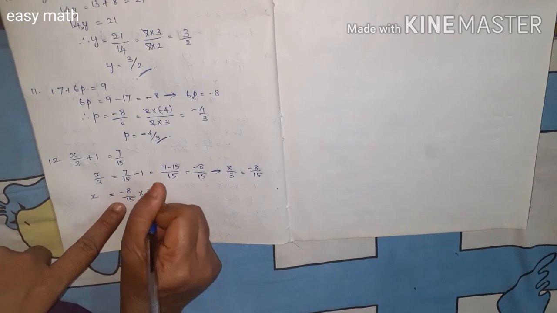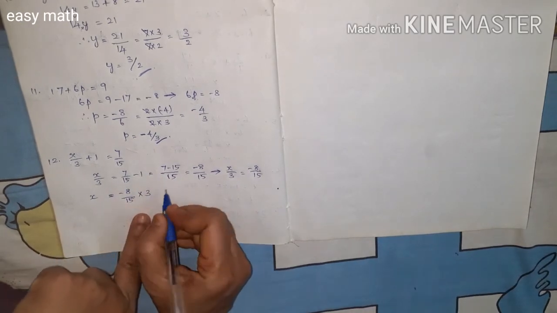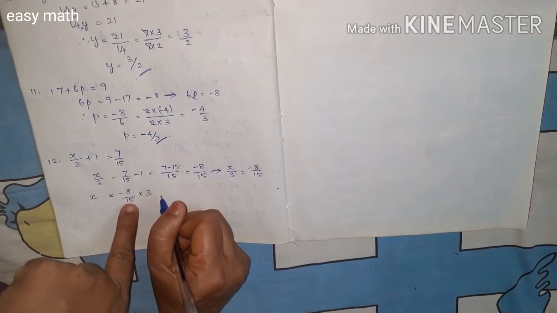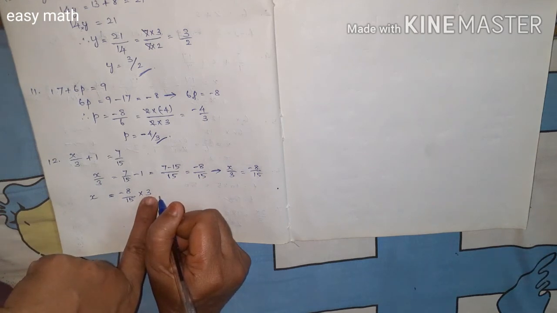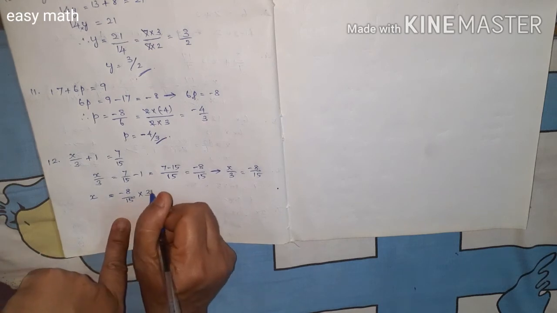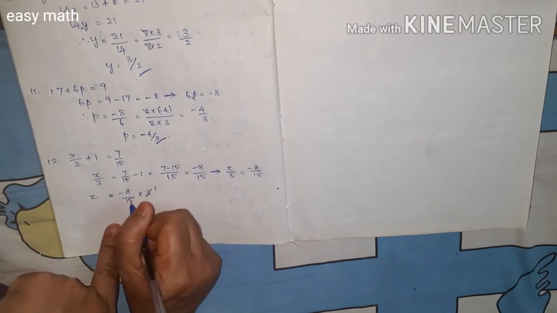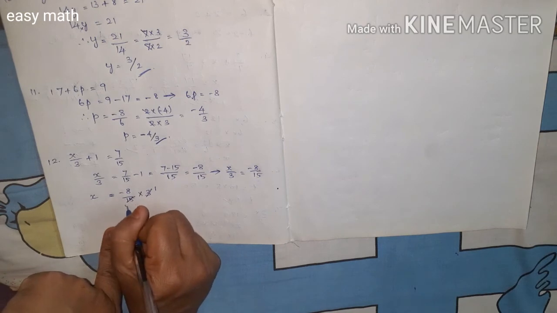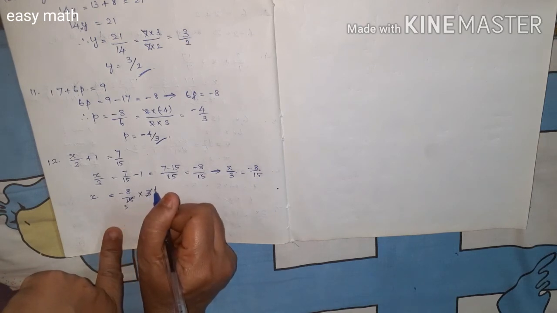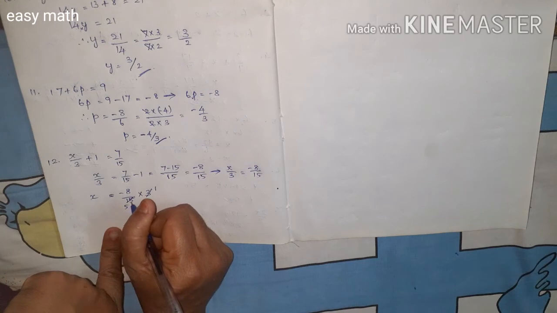So into 3 we have to put. Here 15, 5 into 3. Here 3 into 1. So we can cancel this as 1. This is 3 table, we get 5. 3 1s are 3, 3 5s are 15.